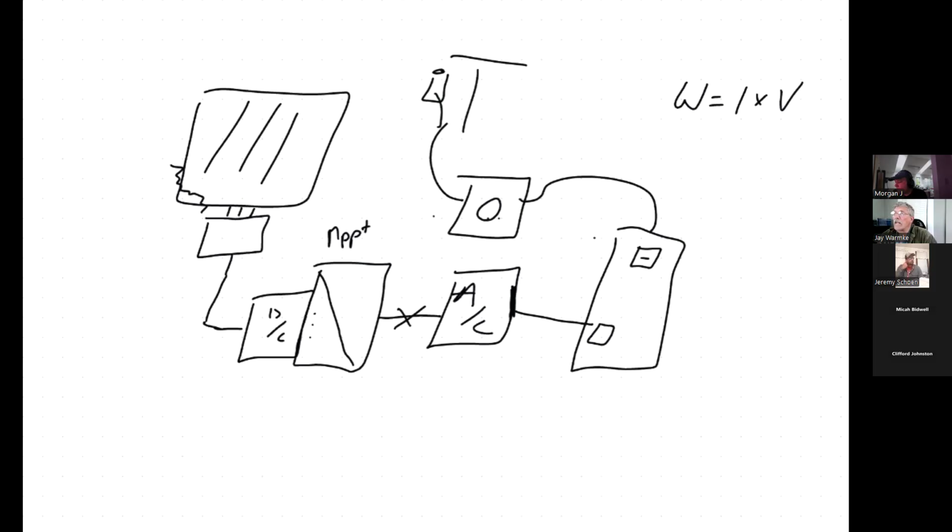The second equation you need to memorize is volts equals amps times resistance, and that is Ohm's law. Again, it's just saying there is a relationship between these three numbers. If you know two of them, you can figure out the third one.